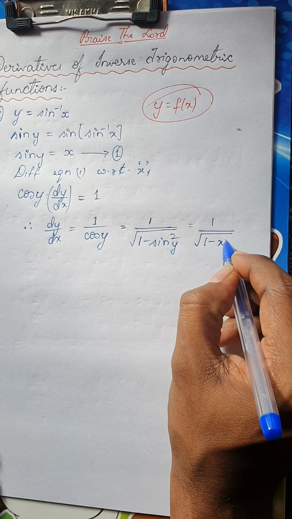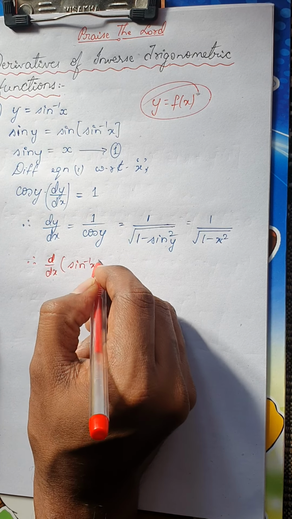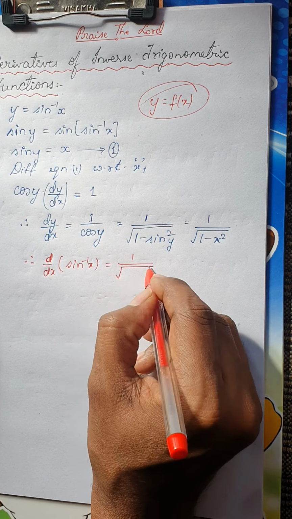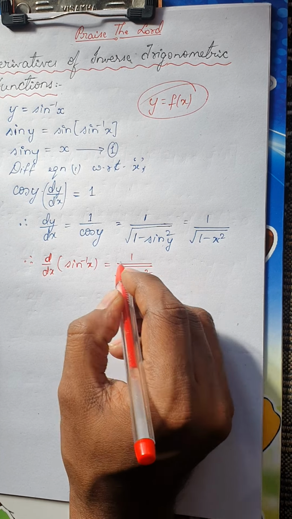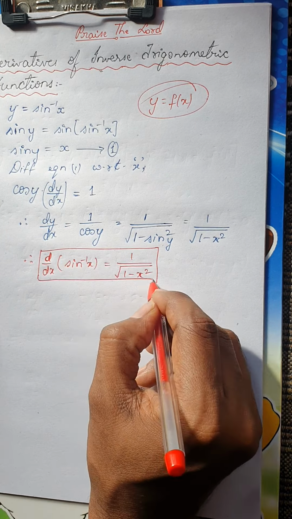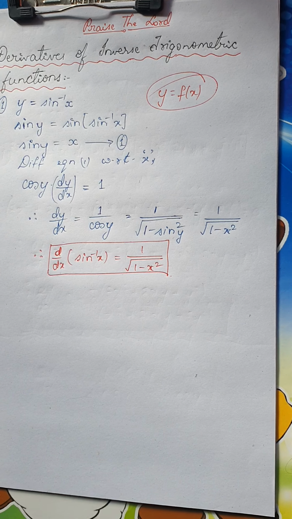Therefore d by dx of sin inverse x is nothing but 1 divided by root of 1 minus x square. So this is how I derive the formula for the inverse trigonometric function. Shall we move to the next one?